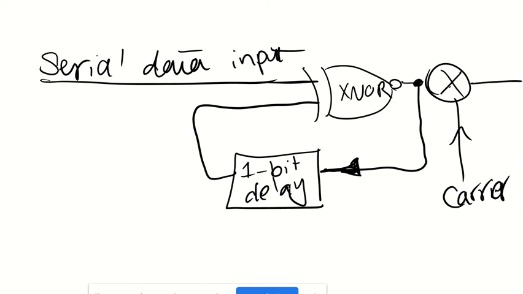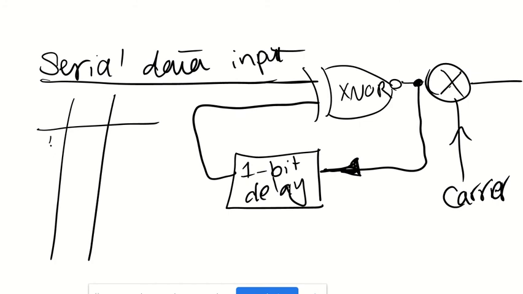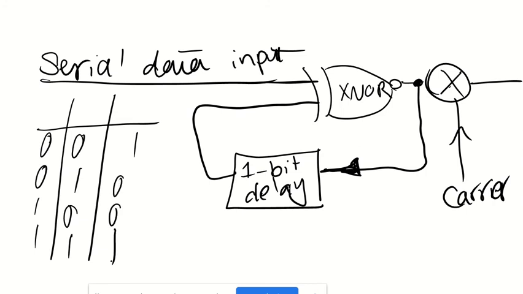So what it does is compare the previous bit. This one-bit delay, I don't know if you remember from digital, you can do that with a clock flip flop. And exclusive NOR, if you remember the table, it's 1001.